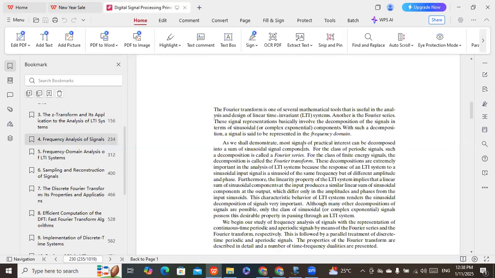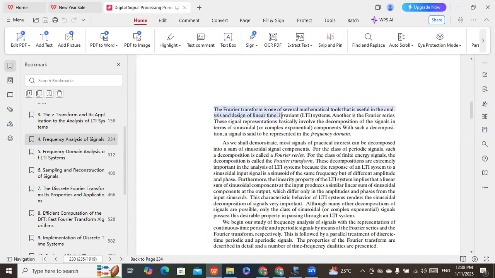You can see this introduction if you need. So that is a mathematical tool, and you can see that it is useful in analyzing and designing linear time invariant systems.